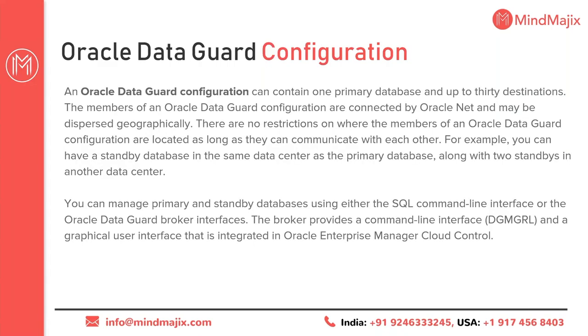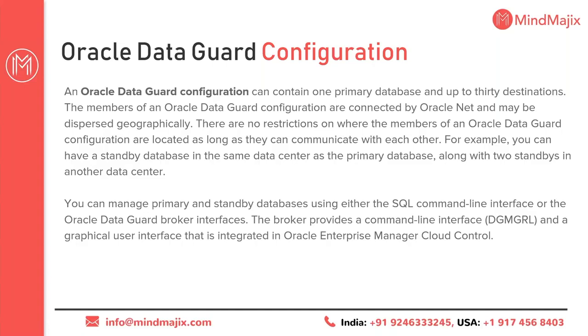Data Guard configuration. If you want to configure Data Guard, I may not use the words Data Guard every time. Data Guard, as I told you, is nothing but protecting your production database data, or protecting your production database. To achieve this protection, we configure different types of standby databases. We should configure and use them to achieve all the features and advantages of Oracle Data Guard.